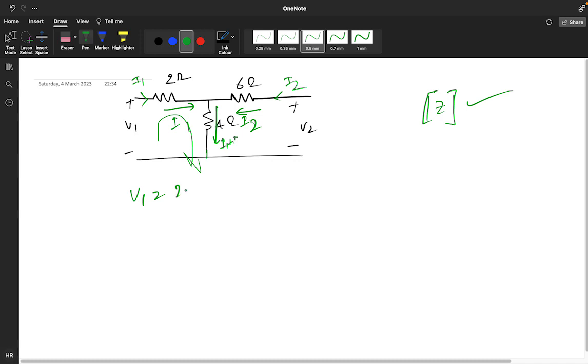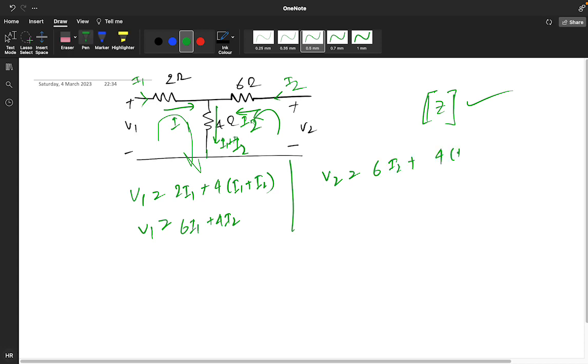V1 is equal to 2I1 plus 4 times (I1 plus I2), so you will get 6I1 plus 4I2. Same thing you have to do in this branch. V2 is equal to 6I2 plus 4 times (I1 plus I2), so V2 is 4I1 plus 10I2. So you are getting the results 6, 4, 4, 10.